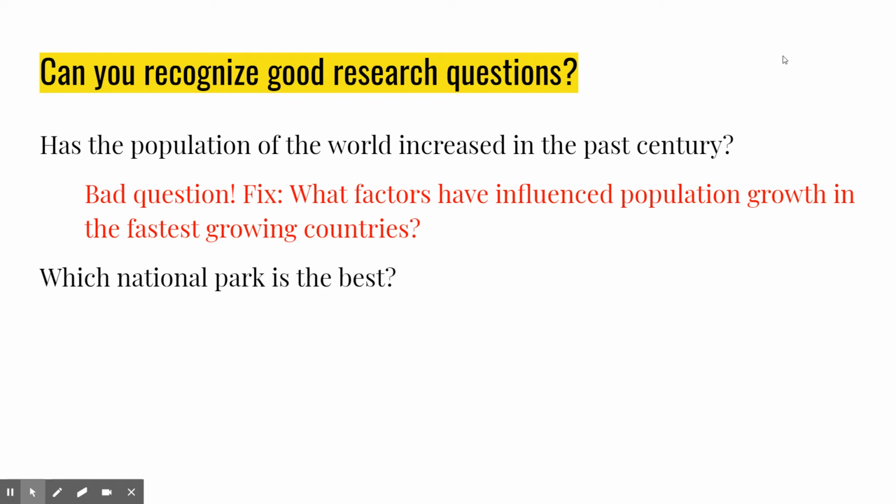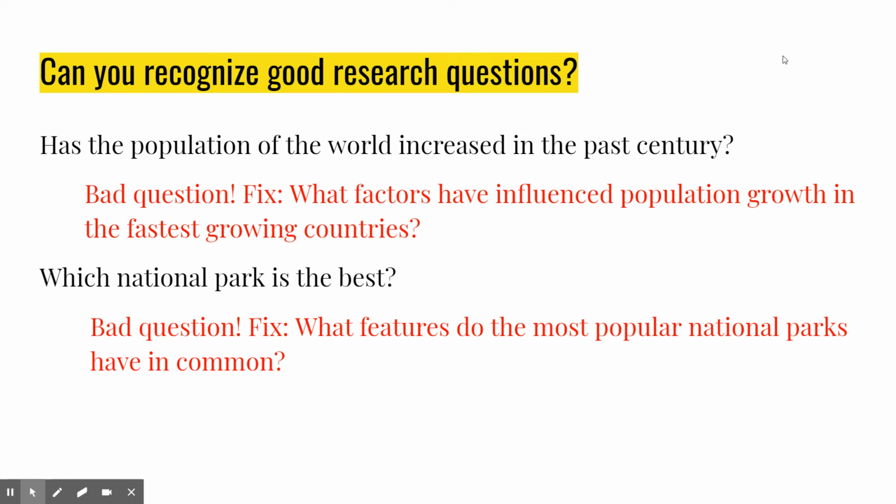Next question. Which national park is best? Pause the video for a second and decide if it's a good question or a bad question, and why. It's a bad question, mainly because it's too vague. Unless you're just going to give your personal opinion, there's no way to say which park is the best because we don't even know what makes a good park.